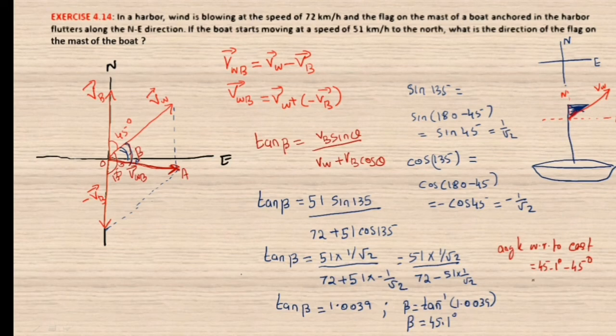That is given by 45.1 degree minus 45 degree, that is equal to 0.1 degree. So what is the main conclusion here? The flag will flutter almost in the east direction. Okay, or we can say that the angle with the east direction is 0.1 degree, the flag will flutter almost due east.